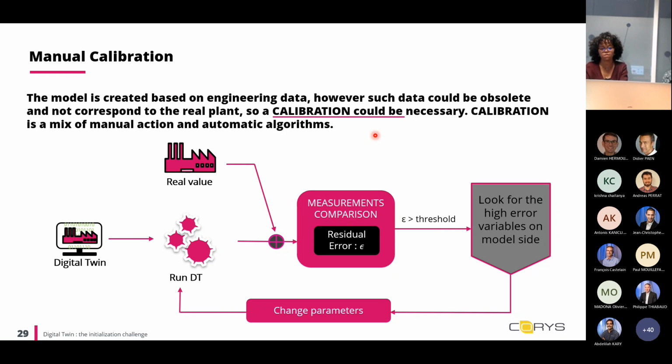So this first calibration is, for now at least, completely manual. We open it in Dwsim, change the values, extract the measurements, and then compare. Ideally, what we are working on is to also do this kind of calibration automatically, but that is another challenge.